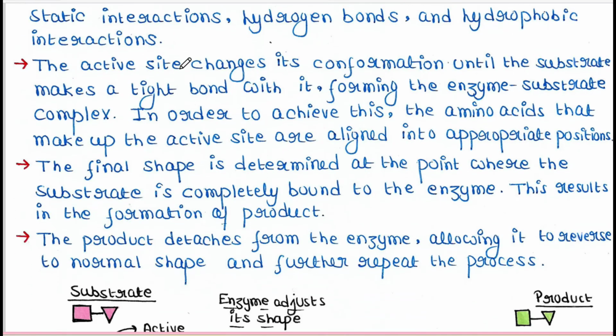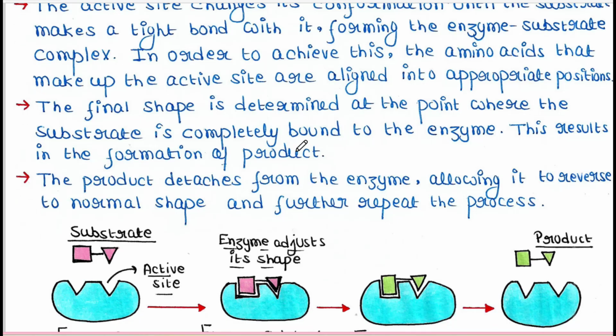Now the active site changes its conformation until the substrate makes a tight bond with it, forming the enzyme substrate complex. In order to achieve this, the amino acids that make up the active site are aligned into appropriate positions.